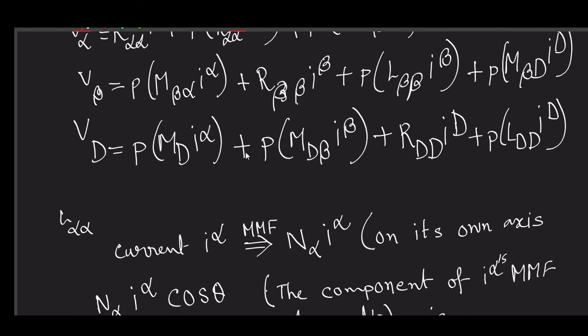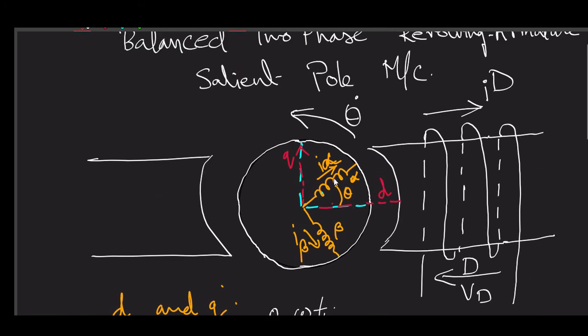So L beta beta is associated with beta phase. Whatever is true for alpha phase, the same is true for beta phase. Only difference is that all theta must be replaced by theta minus pi by 2.